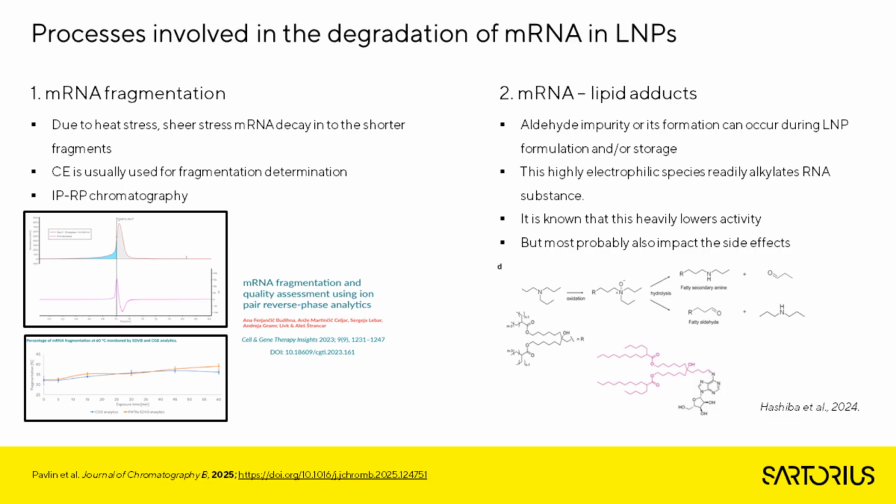If we integrate the peak at the highest point of this first derivative and split the peak there, everything on the left represents fragments or shortened pieces of mRNA, and everything on the right represents intact mRNA.